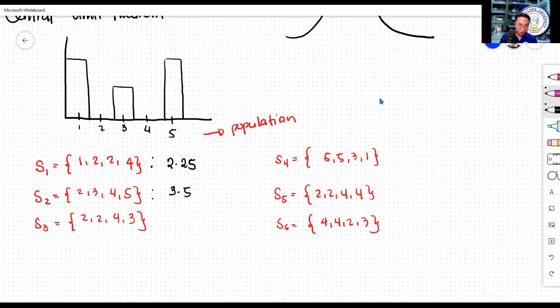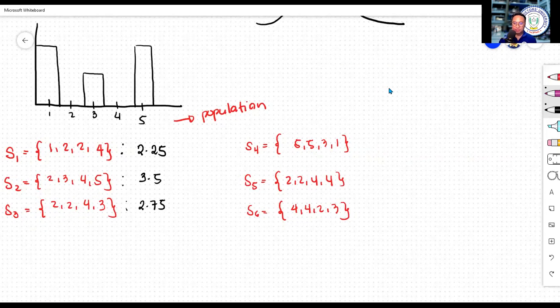Next, 2, 2, 4, 3. 2 plus 2 plus 4 plus 3 divided by 4, this is 2.75. And then here, 5, 5, 3, 1. 5 plus 5 plus 3 plus 1 divided by 4, that's 3.5.